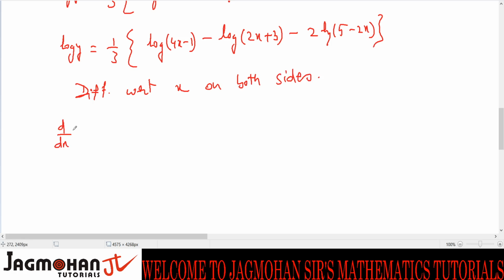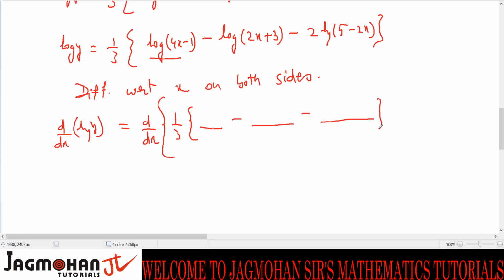D by dx of log y here, and this side I have d by dx of 1 upon 3, and then a bracket in which I have this term minus this term, then minus this term. The bracket closes.